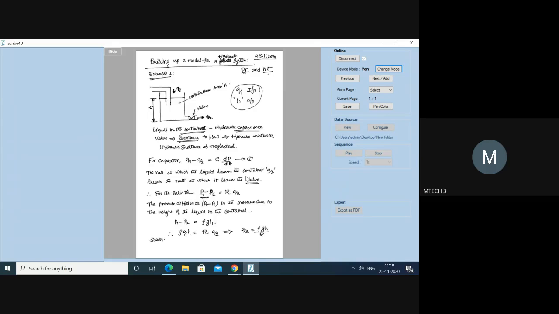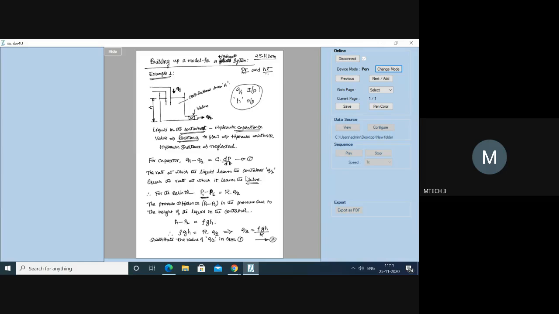Substitute the value of Q2 in equation 1. Okay, I am moving to the next page. Have you taken up till here? No, sir. Write down, please.